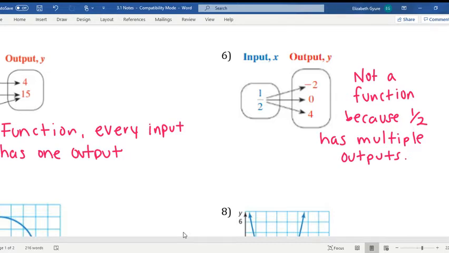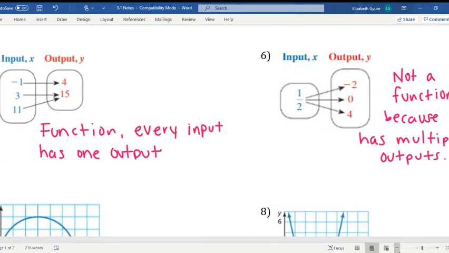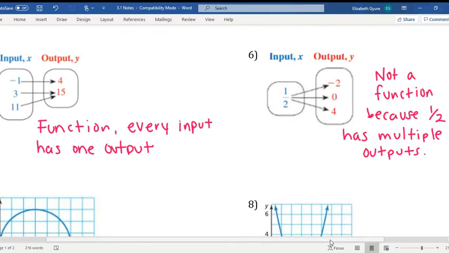Questions about those ones so far? For which one? Oh, number 5 and 6? Oh, yeah. Okay, so think of this, it's kind of like a T-chart in a way, Alex, except everything's not lined up and listed out.